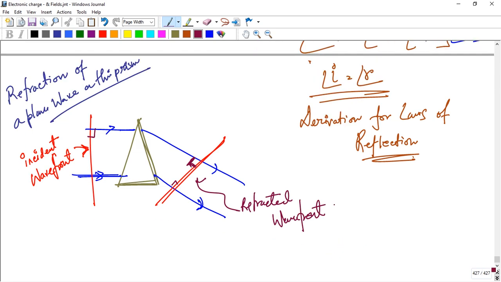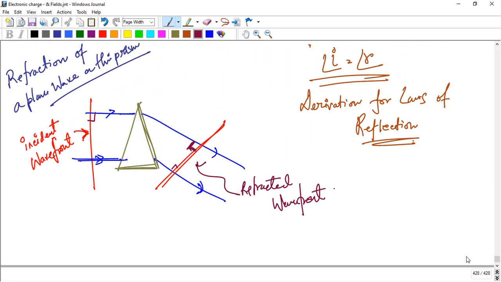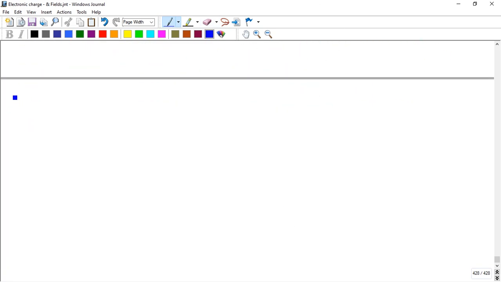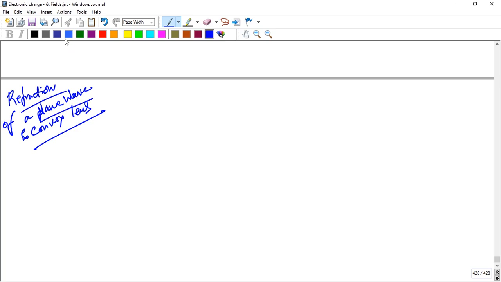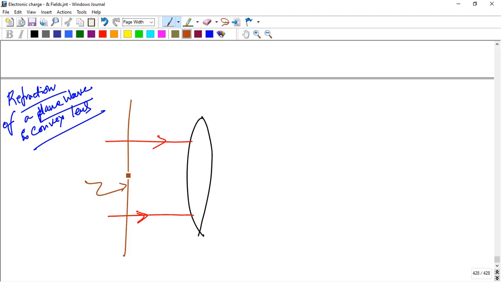Now second, we draw another diagram, the refraction of a plane wave by a convex lens. If I draw this, that's the incident wavefront.